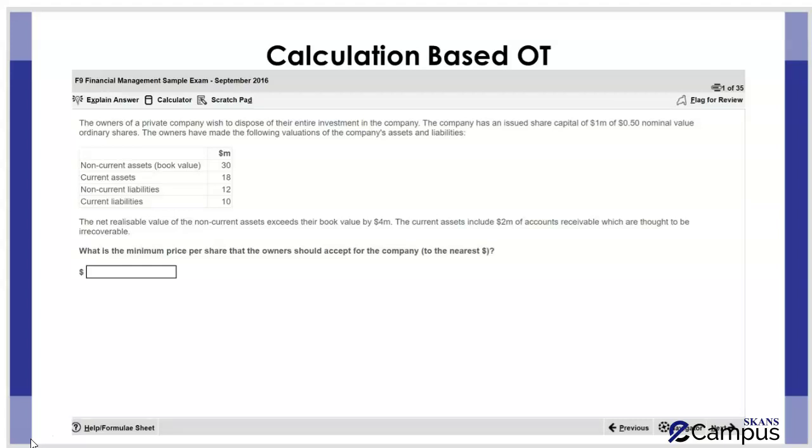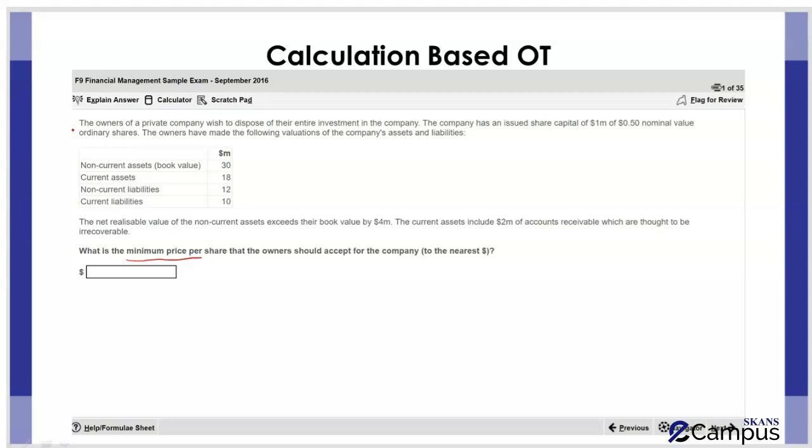The first thing you need to do is read the requirement very carefully. As you can see, in this question they have asked you to estimate the minimum price per share the owner should be accepting. After reading the requirement and knowing what to calculate, you now need to read the background information, keeping in mind the required information of the topic.